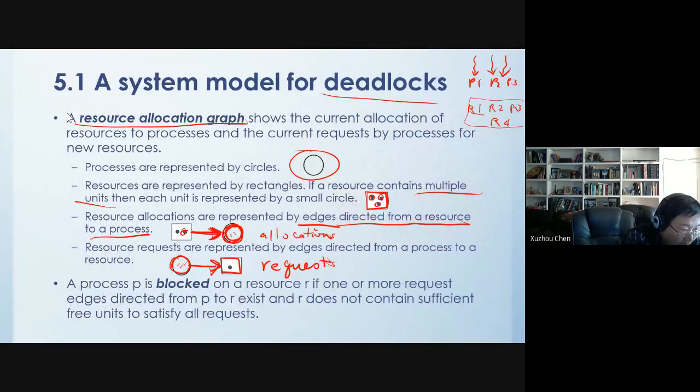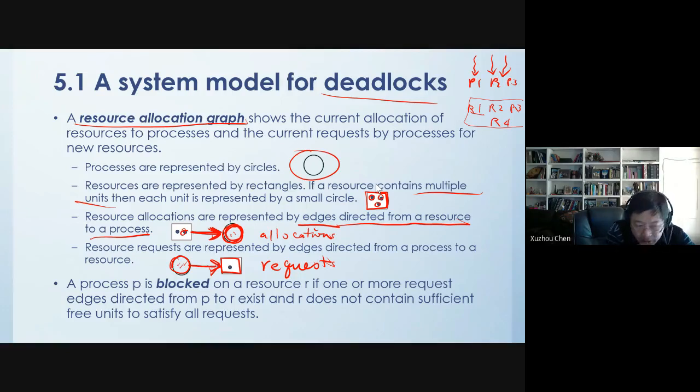symbols. Basically we use a circle to represent the processes and a rectangle to represent resources. For each rectangle, there's a small circle inside. Each small circle represents an instance of the resource, that means one copy of the resource.